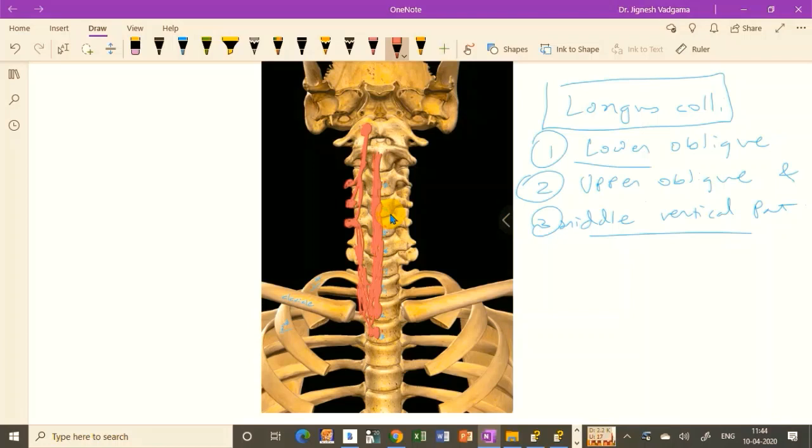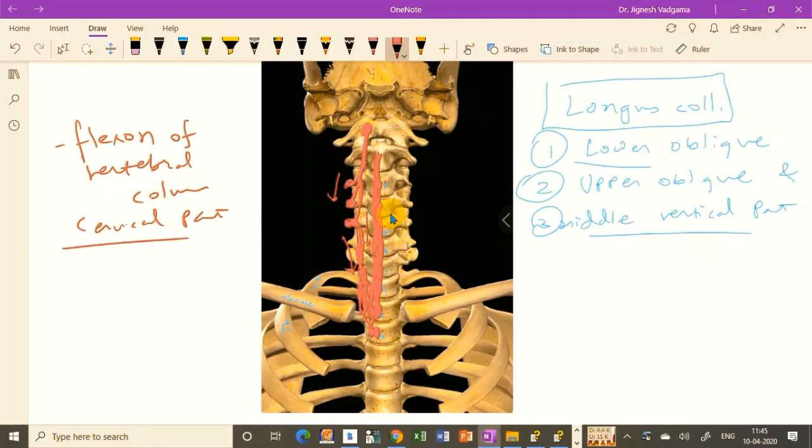Now let's see one more muscle, that is the longus capitis muscle. But before that, let me talk about the action of this longus colli muscle. With the contraction of all these parts, it is responsible for the flexion of the vertebral column, the cervical part mainly.